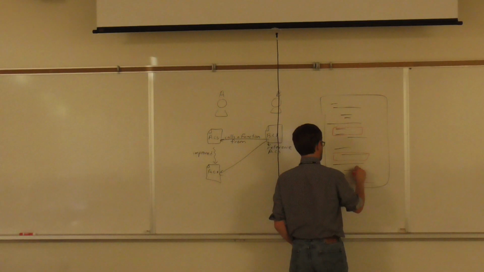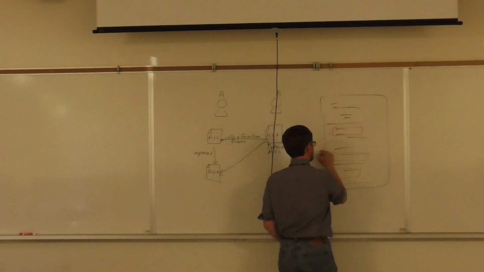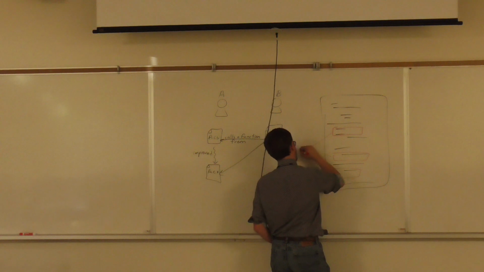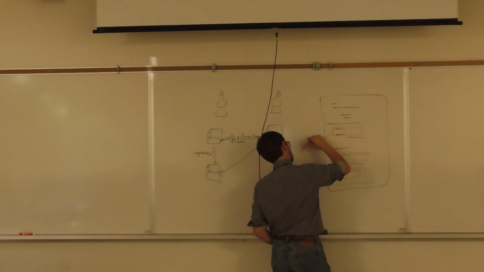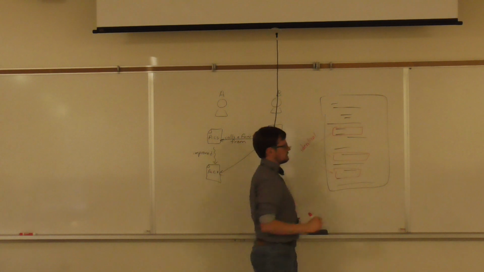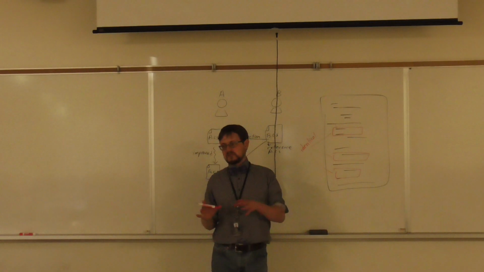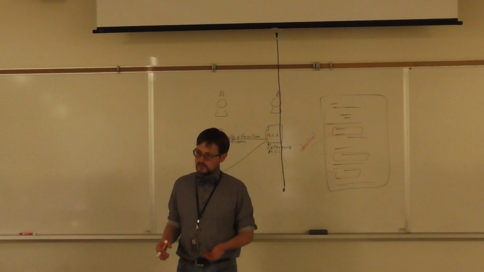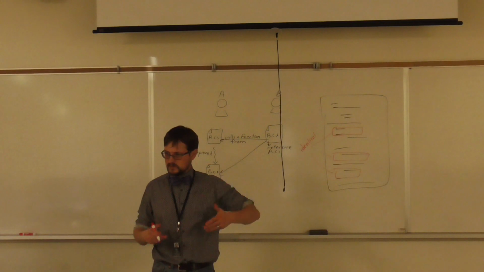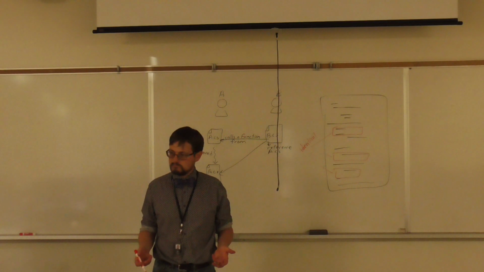I know these don't look the same, but just trust me. Let's say that all of these three are identical. We have blocks of identical code inside of our larger piece of code.